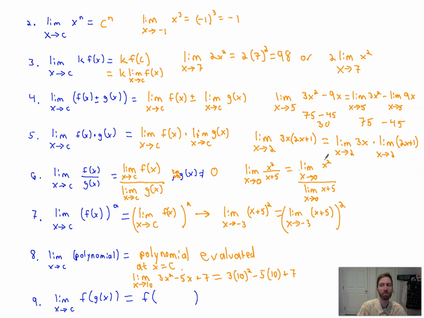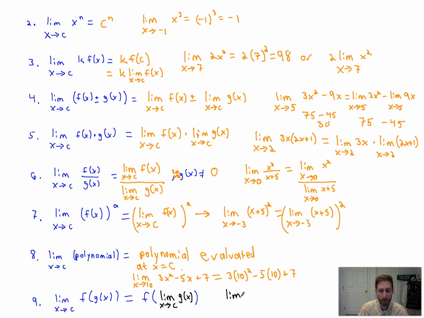All right, we got one more and then some trig functions that go into this. This one's actually pretty important for all you people taking advanced calculus classes in high school. Now, we've got f of g of x. That is the same as f of the limit as x goes to c of g of x.